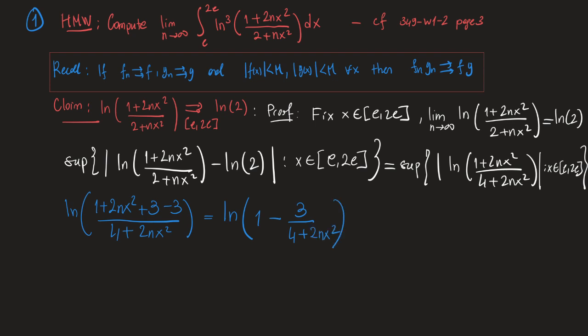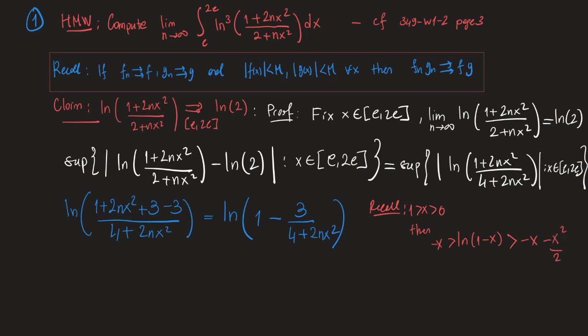Now, we have some prior information from the calculus courses. For example, recall if x is bigger than 0 but small, let me then put less than 1, then ln(1 minus x) is less than minus x, and it is bigger than minus x minus x squared over 2.